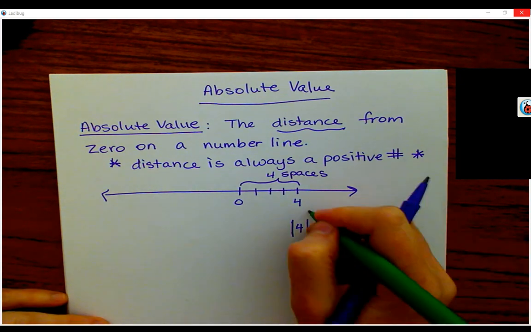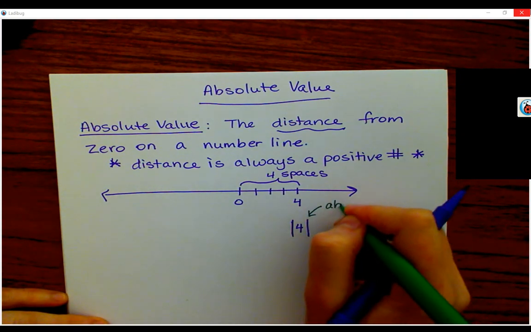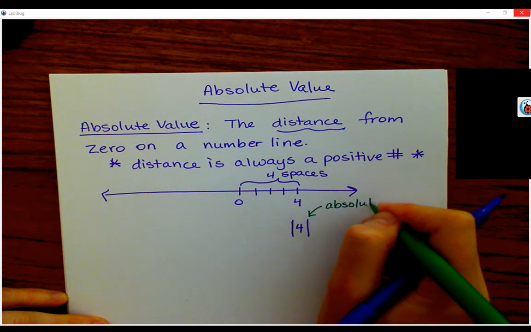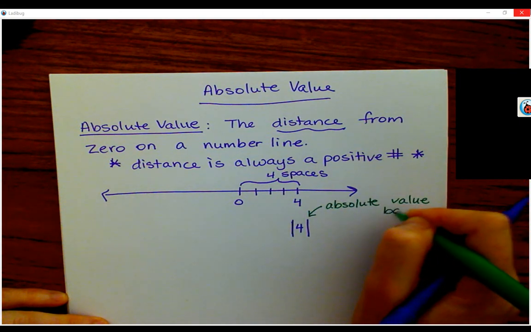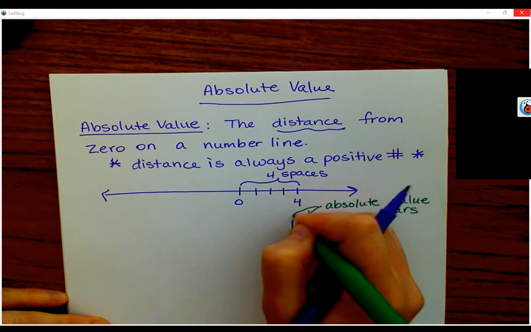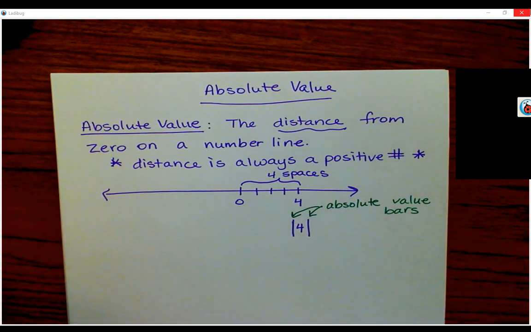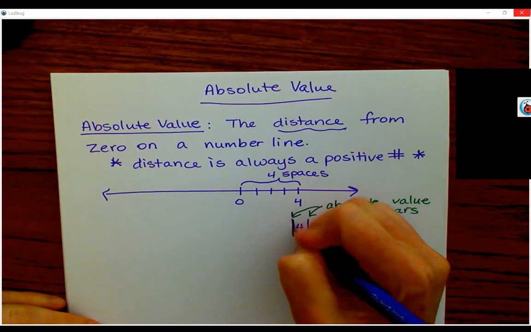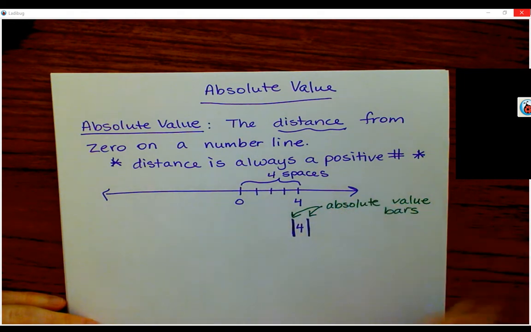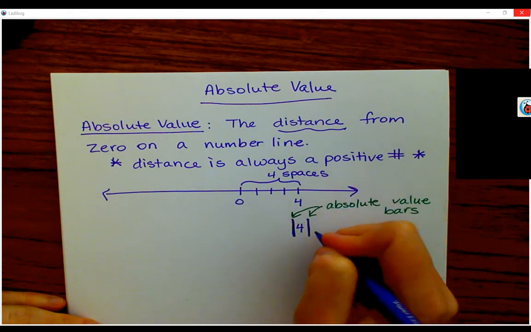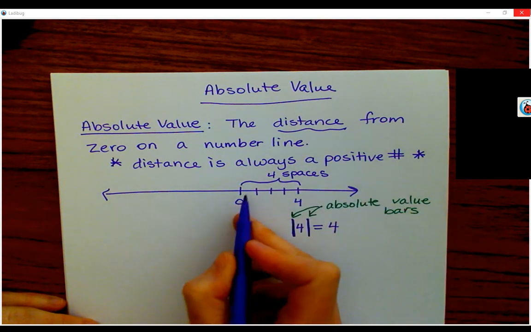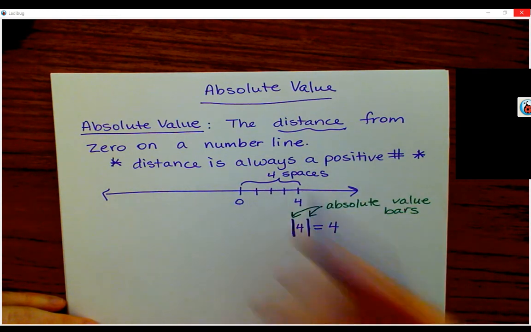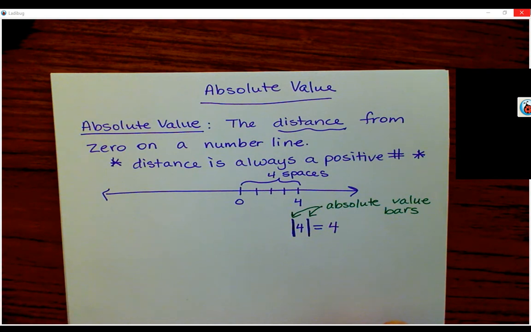Let's label that. Here and here, these two bars, they're not numbers, they're taller than the numbers, okay? Absolute value bars. So this means the absolute value of 4 is 4 because it is 4 spaces, 1, 2, 3, 4 from 0 on the number line.